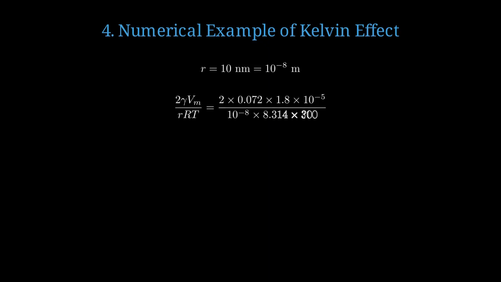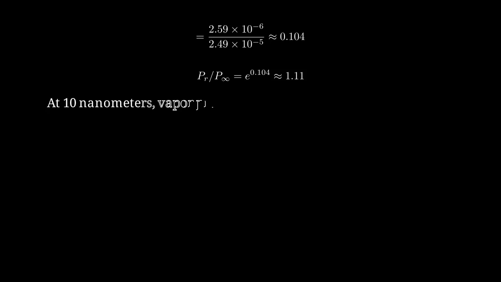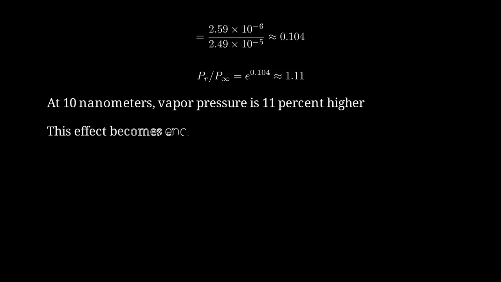Plugging in the values, 2 times surface tension times molar volume divided by radius times gas constant times temperature gives us approximately 0.104. So the pressure ratio is e to the 0.104, approximately 1.11. This means at 10 nanometers, the vapor pressure is about 11% higher than over a flat surface. As the droplet gets even smaller, this effect grows exponentially.